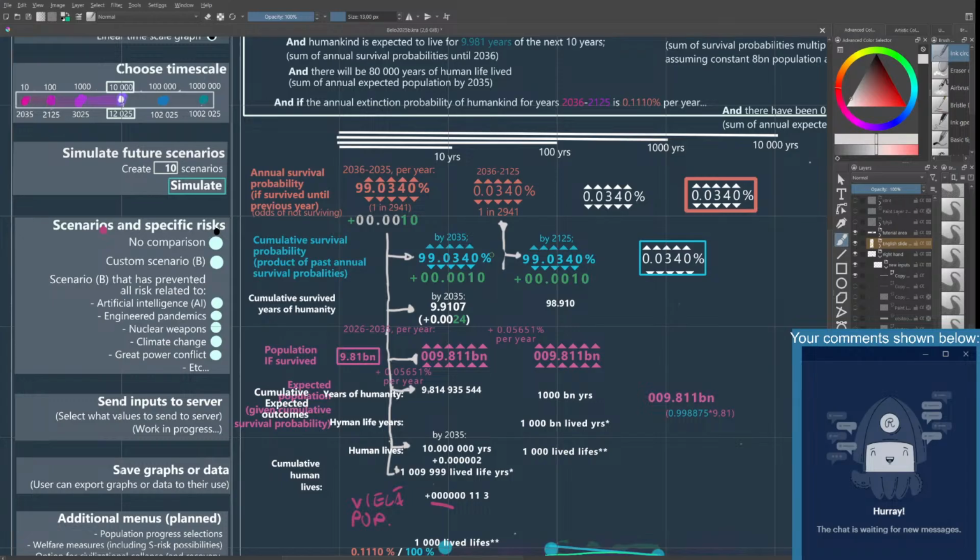Would it work if I have this kind of thing going on like this, and here if I had this? So that kind of thing.